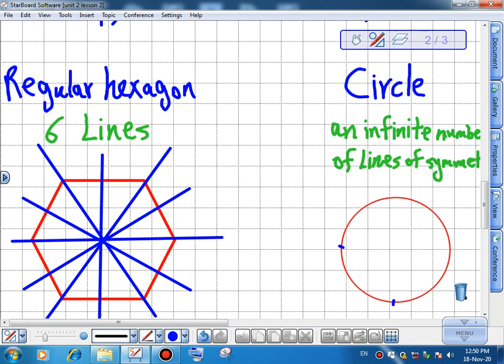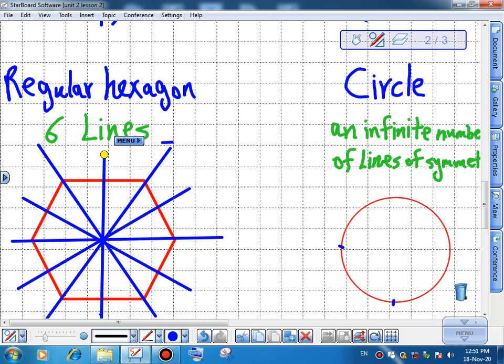All these lines are called lines of symmetry. So the hexagon has 6 sides and also has 6 lines of symmetry.